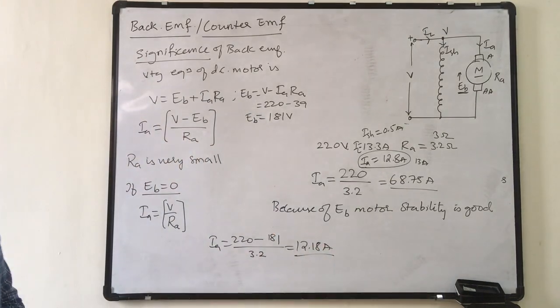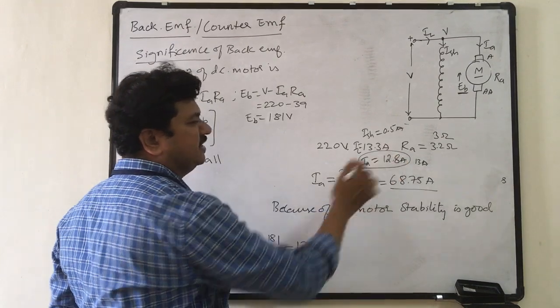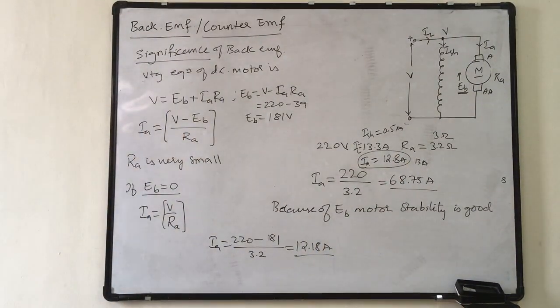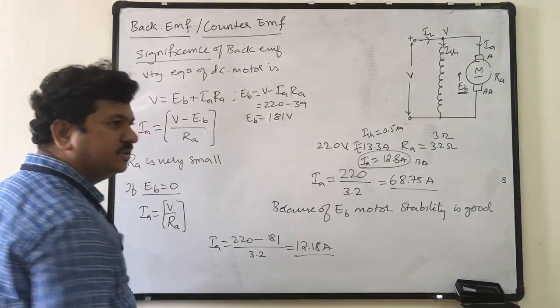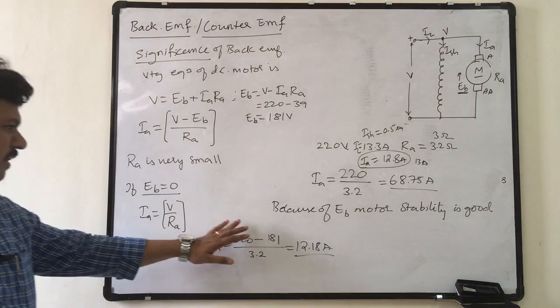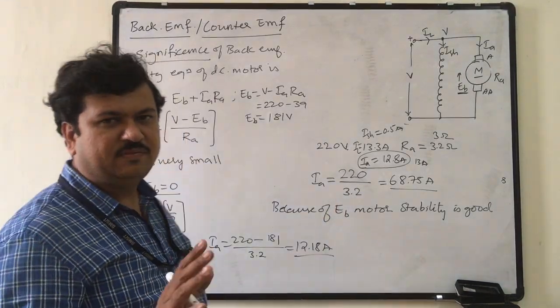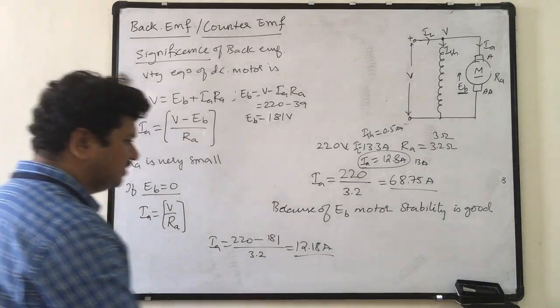So because EB is present, my armature current will not exceed the maximum value. If EB is absent, armature current will be tremendously high with respect to the maximum value. So therefore, EB, the back EMF, is creating the stable operation of the motor. This is the first significance. What is the second significance?